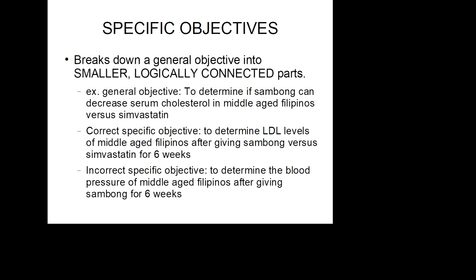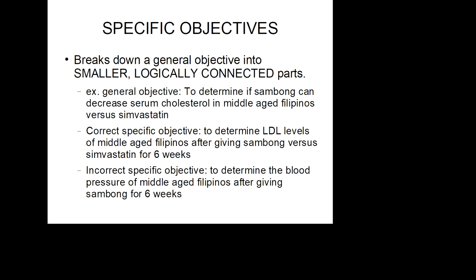So for example, if your general objective was to determine if Sambong can decrease serum cholesterol in middle-aged Filipinos versus simvastatin, your population here is middle-aged Filipinos. Your exposure is the use of Sambong versus simvastatin, and your outcome is serum cholesterol. Okay? So your correct specific objective is to determine LDL levels of middle-aged Filipinos after giving Sambong versus simvastatin for 6 weeks.